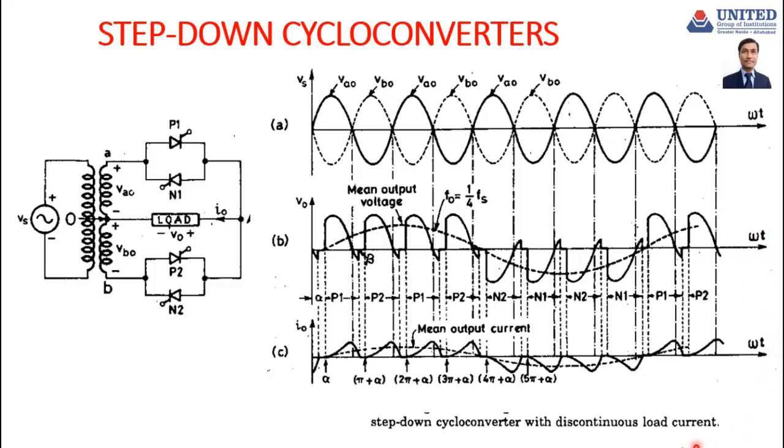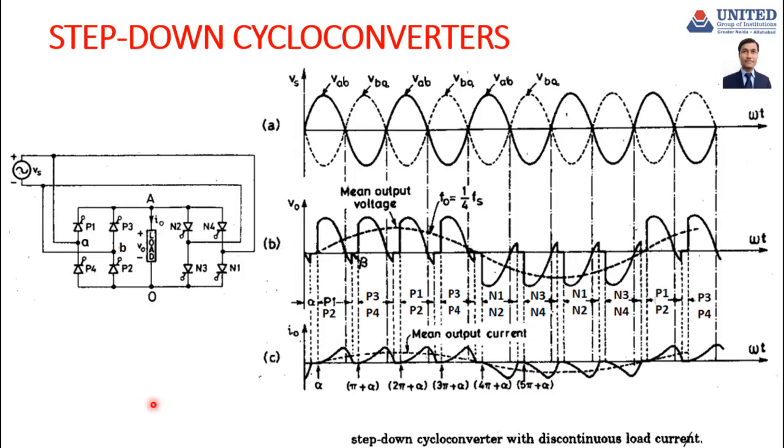Here for the discontinuous load current, natural commutation is obtained, that is, P1 goes to blocking state before P2 is gated. Here we see that the output voltage frequency f0 will be equal to fs by 4.